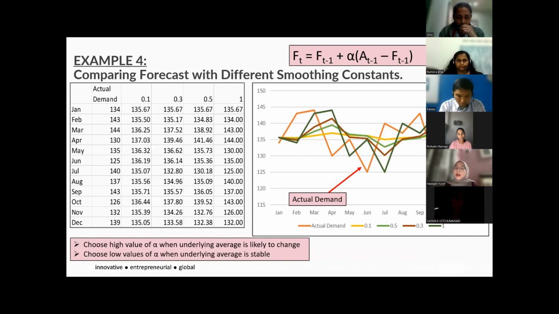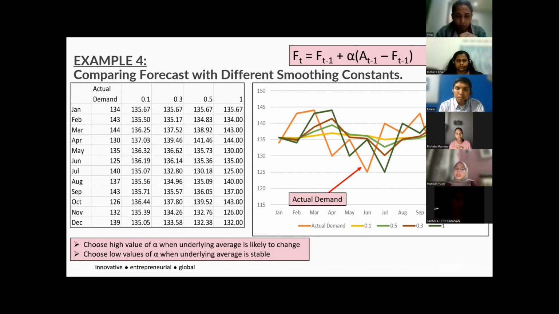By comparing forecasts with different smoothing constants, this is only an example where I came up with different smoothing constants, which are 0.1, 0.3, 0.5, and 1. You can see from the graph the forecasts compared with our actual demand, and we can see that there are different values after we calculate all the forecasts based on the previous demand and previous forecast.